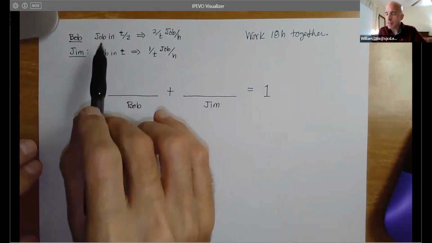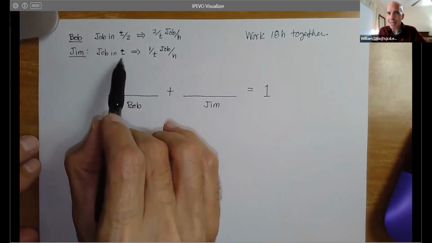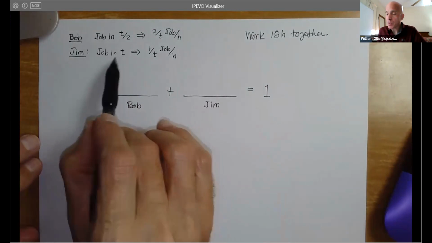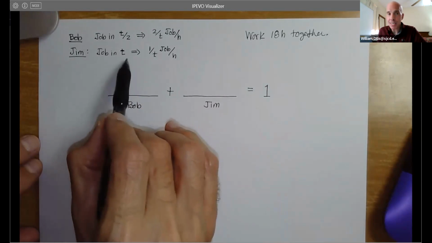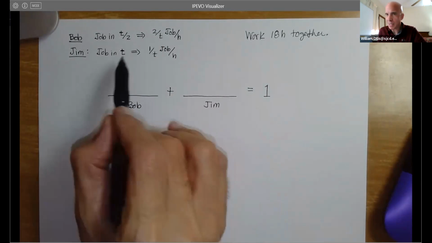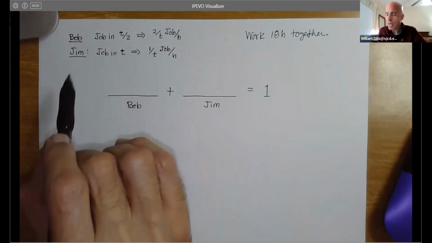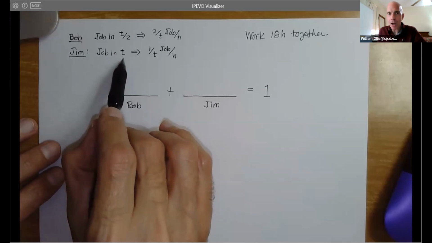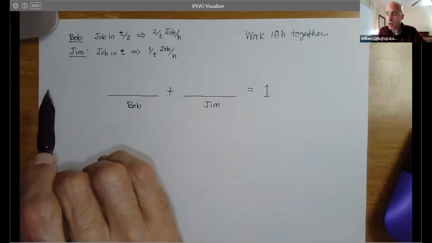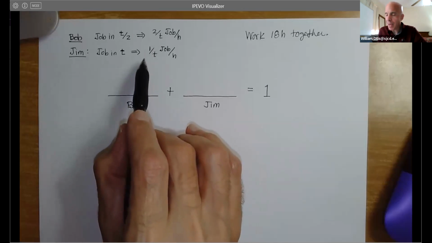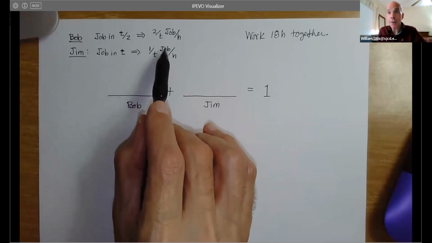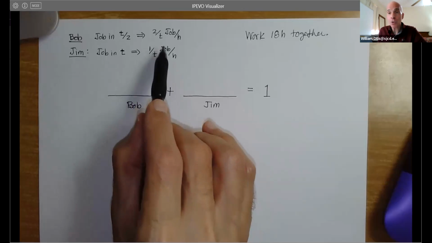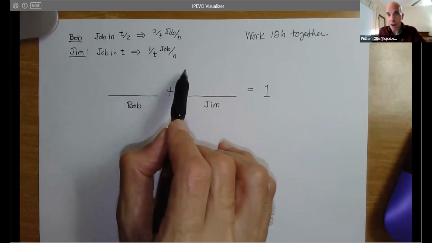Now, what I've done here is that I've just assigned the variable T for the job time for Jim. So I say job in T, and that just means T hours. I don't put an H because I don't want it to be confusing. So Jim will take T hours for the job, T being the unknown. And then when you reciprocate that, you get 1 over T, part of the job per hour, fraction of the job per unit time.